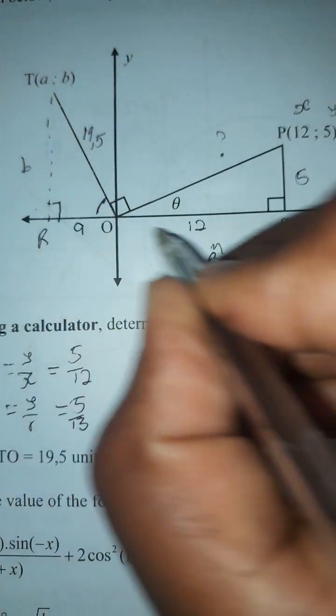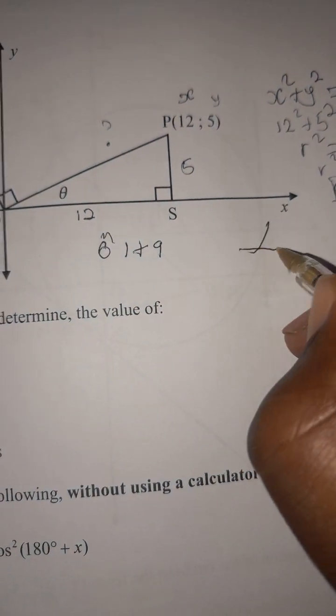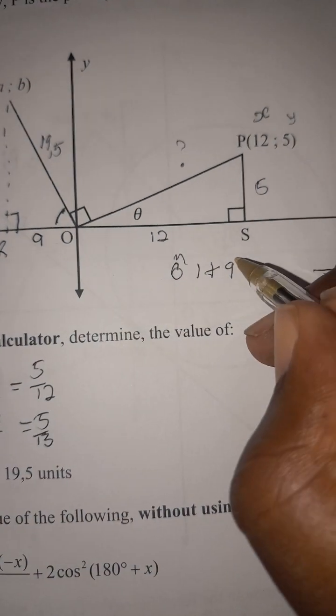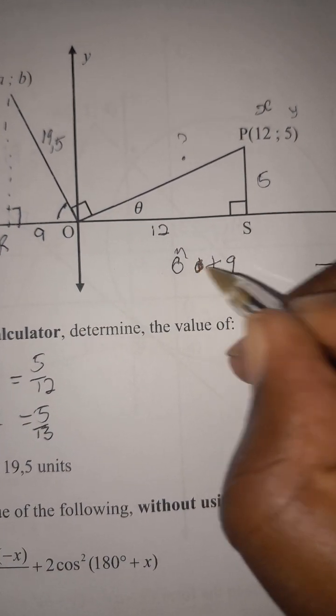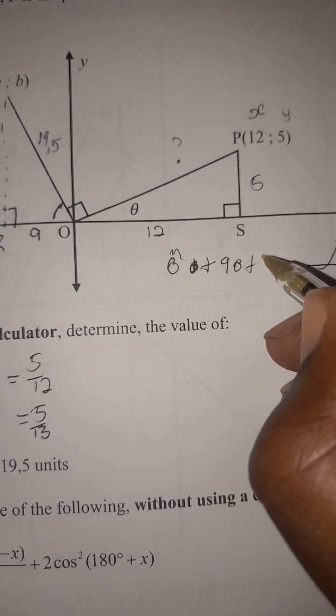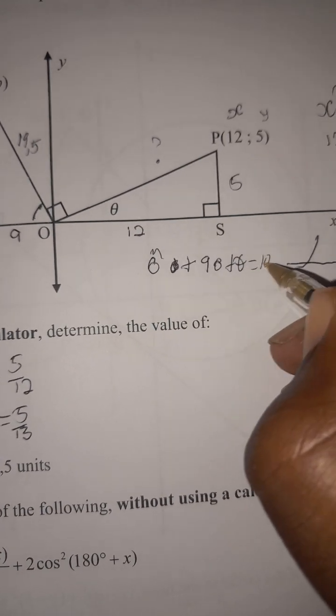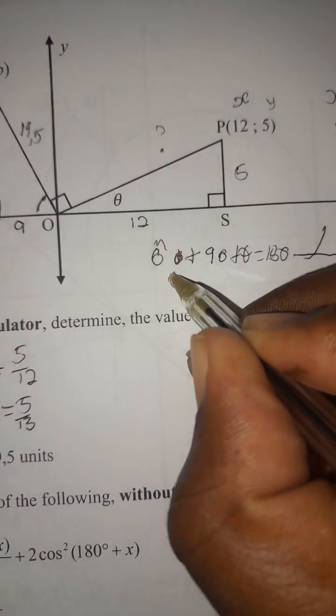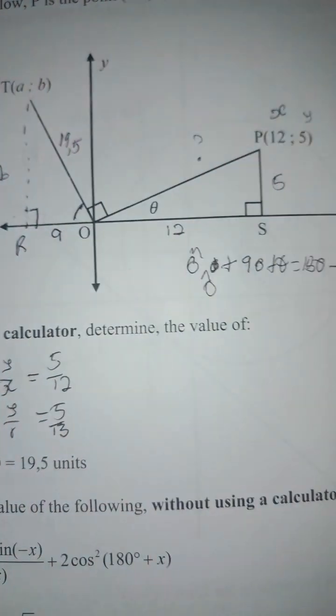Because they are angles on a straight line, remember these are angles on a straight line, they remind you of grade 8 work. So in this case, you're going to say angle O plus 90 plus theta is equal to 180. Then this is angle O, or you could say TOR, right?